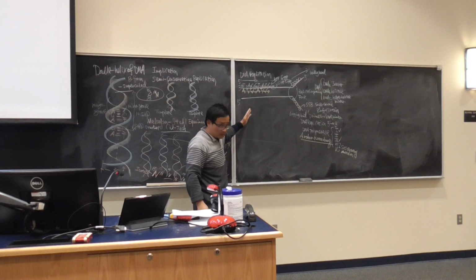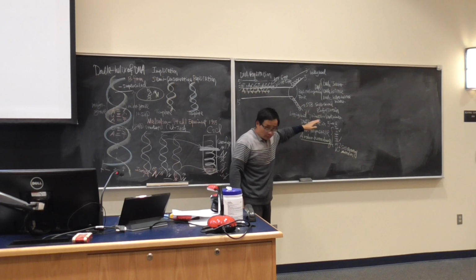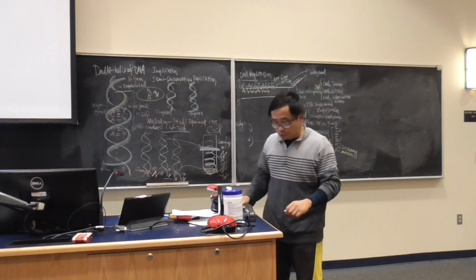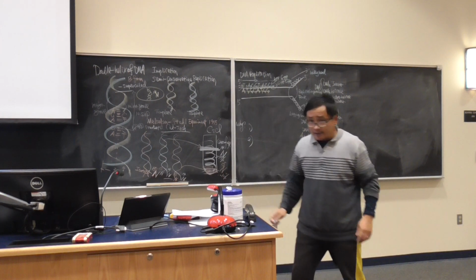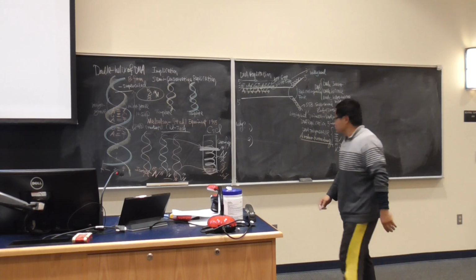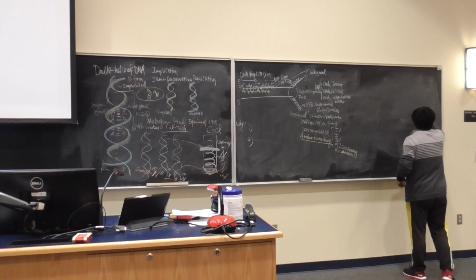Here the problem comes up. This strand is from 5 prime to 3 prime, so we can do it naturally. Now here's the question: why? Can you tell me why? There is a true reason why you can't do it in the other direction.